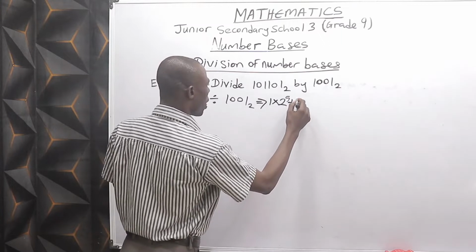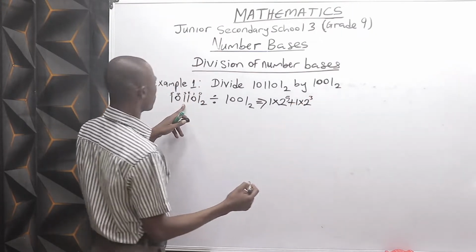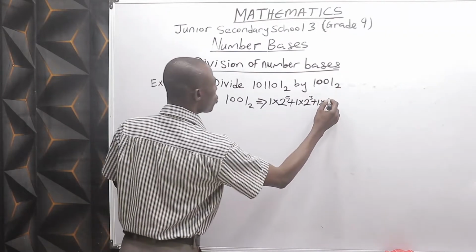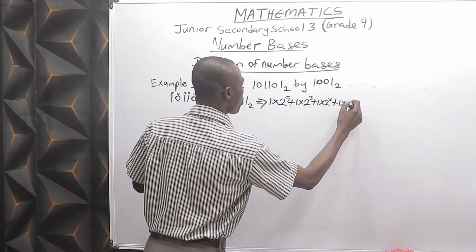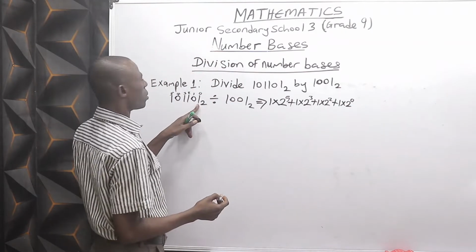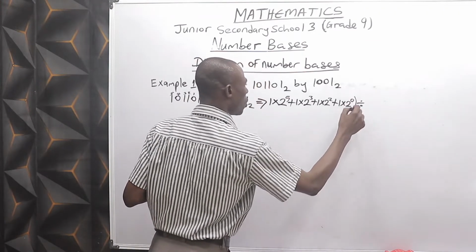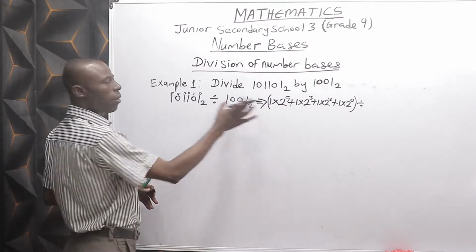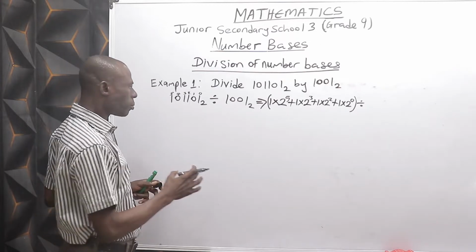So I go for 1 times 2 raised to power 3 plus 1 times 2 raised to power 2 plus 1 times 2 raised to power 0, divided by. All this represents the first number, now expanded to be converted to base 10.